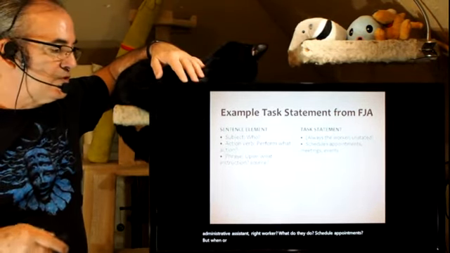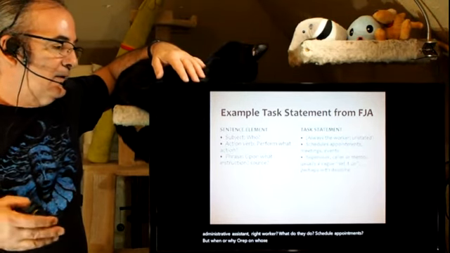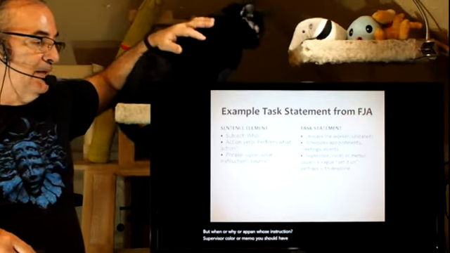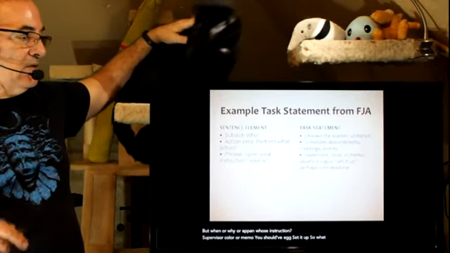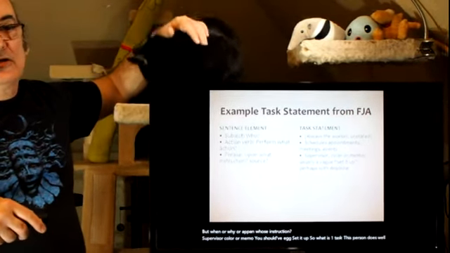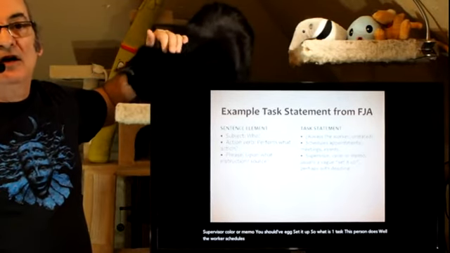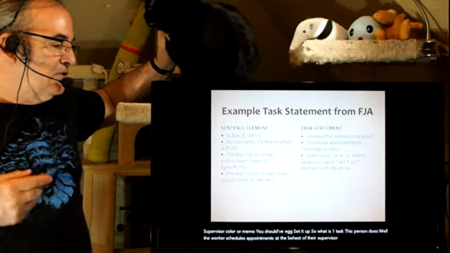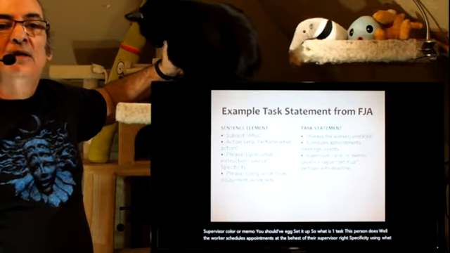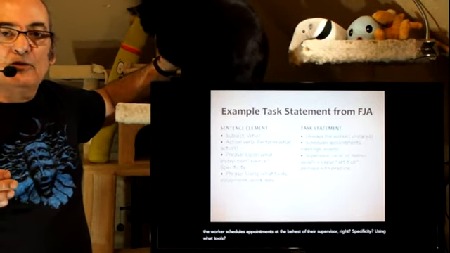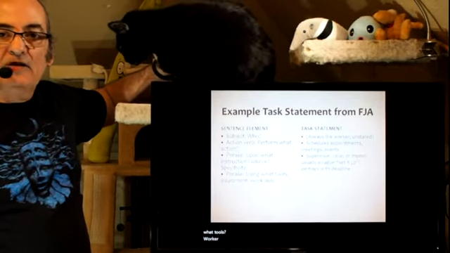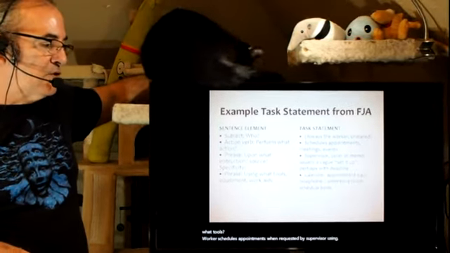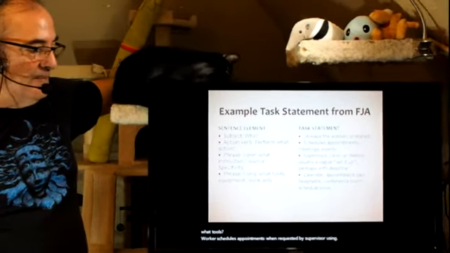Or upon whose instruction? Supervisor, caller, or memo. So what is one task this person does? Well, the worker schedules appointments at the behest of their supervisor. Specificity, using what tools? Worker schedules appointments when requested by supervisor using Microsoft Outlook calendar.